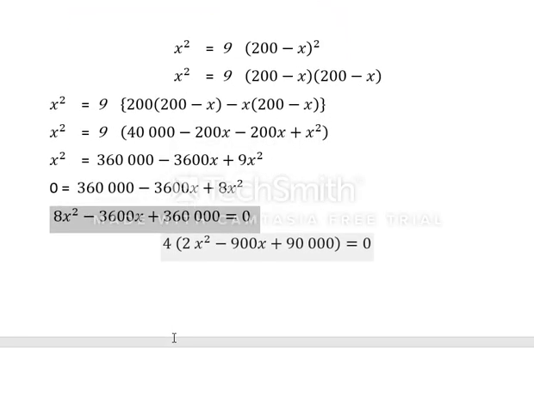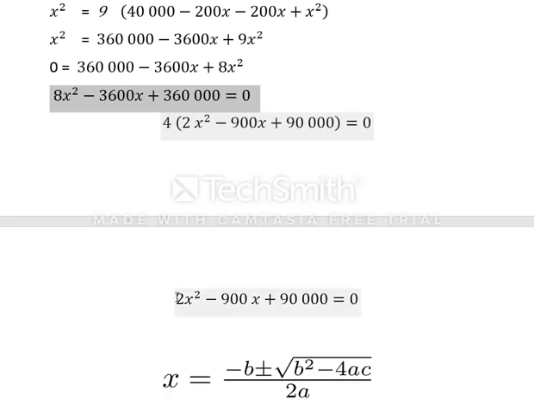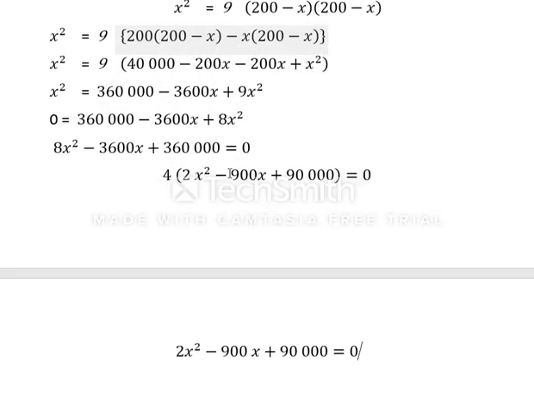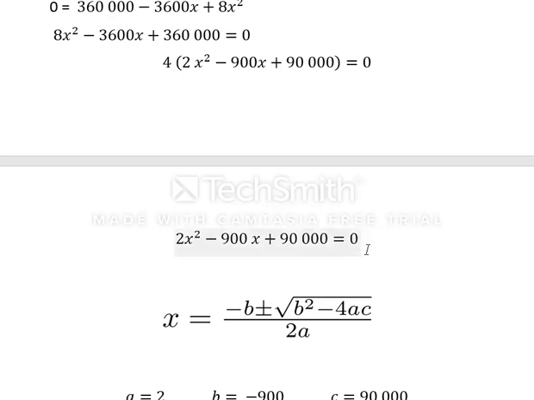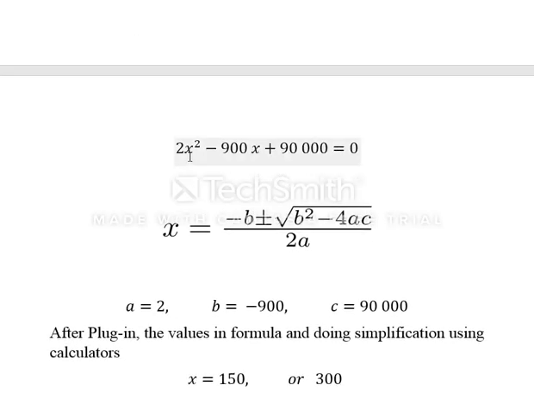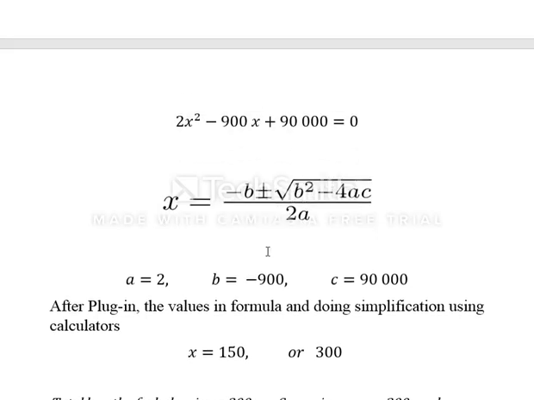After taking 4 common, we will get this simplified standard quadratic equation. So we have converted this equation into a simplified quadratic equation like this. From here we will use the quadratic formula to get the values of x.